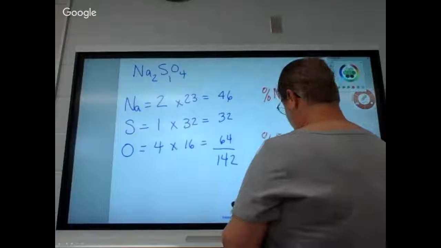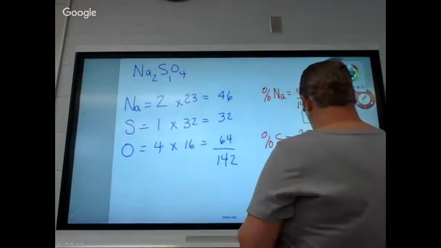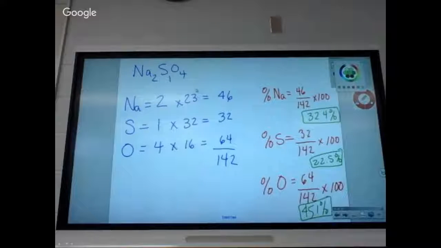And I get 45.1. Some of you might have chosen to take it out 2 decimal places. Some of you might have rounded to whole numbers. Does it matter whether you round off to whole numbers, 1 or 2 places behind the decimal? No, because there's no significant digits here. So you can choose the one that you like in any of those 3. It doesn't matter to me.